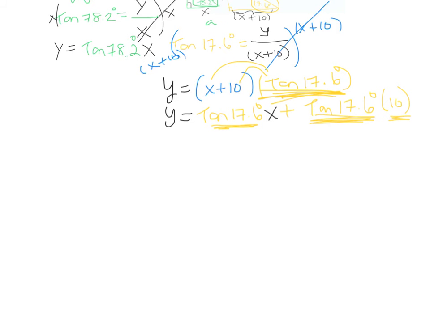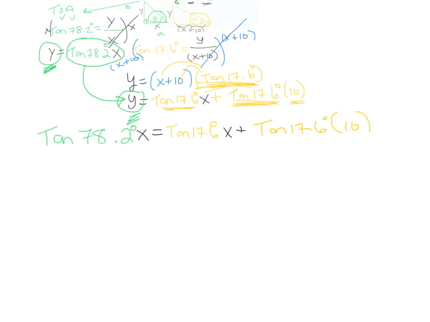Okay, so then what we do is a substitution. If tangent of 78.2 x is equal to y, we can substitute it in for this y, right? Because you only want to see one variable, then we'll only see x. So after the substitution, you'll notice in this equation you only see x. Now we want to get x's on one side and solve for x.